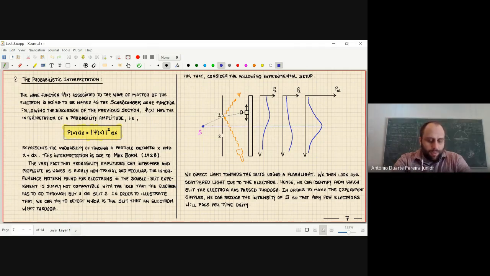And then we saw that there is a precise meaning for the square of the wave function, which is given by what is called the Born rule: the square of the wave function times dx gives you the probability of finding the particle in the region between x and x plus dx.